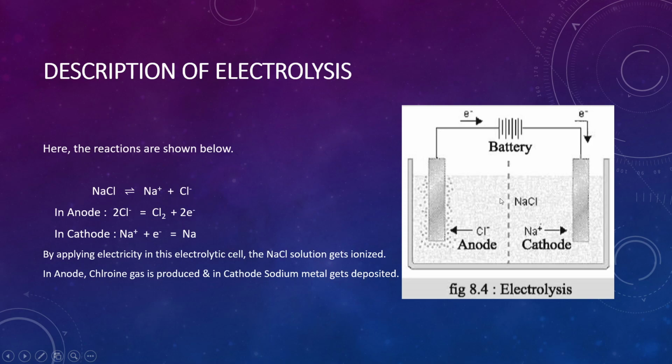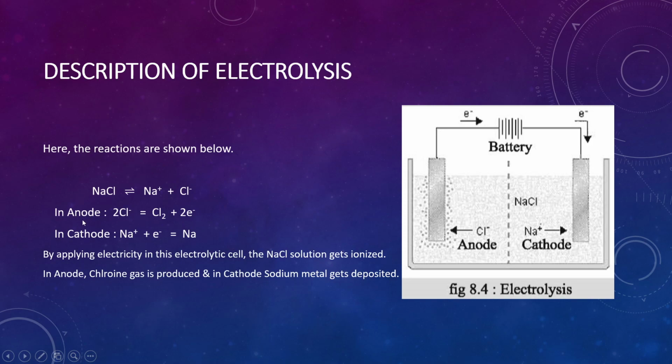The ions will move along in the solution, and here the anode is positively charged. So the negative chloride ion will come to the anode, and it will form chlorine gas.